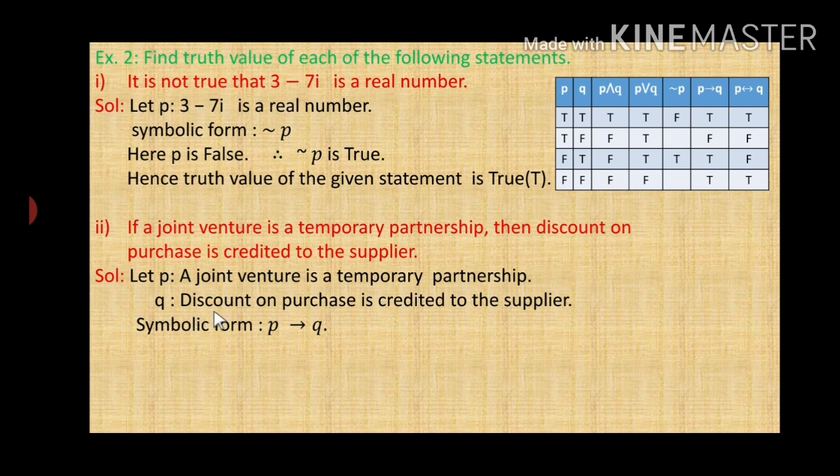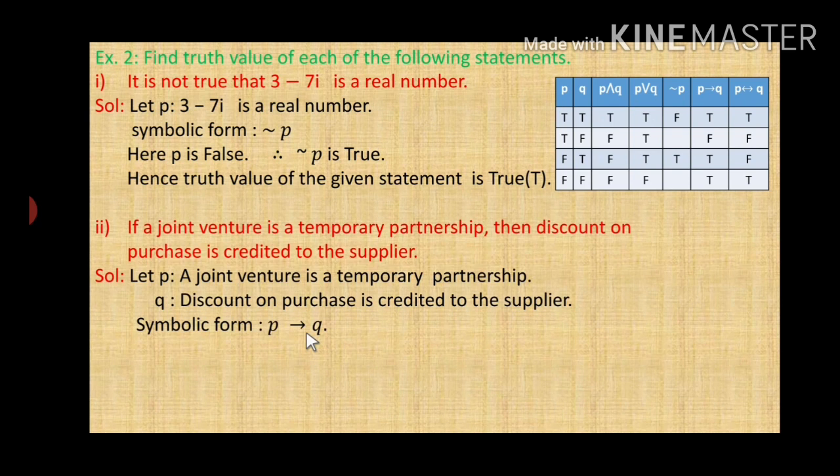Second statement is discount on purchase is credited to the supplier. So this is what we have done here. Let P be a joint venture is a temporary partnership, and Q is discount on purchase is credited to the supplier. And so the symbolic form is P implies Q. The logical connective used is if then. So here we have used the symbol for if then.